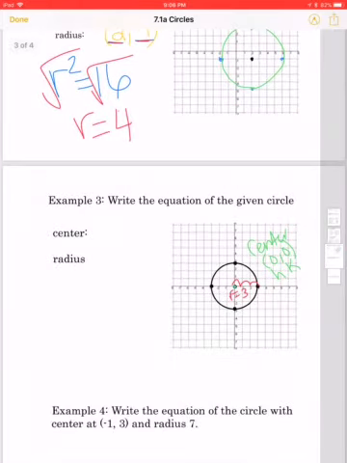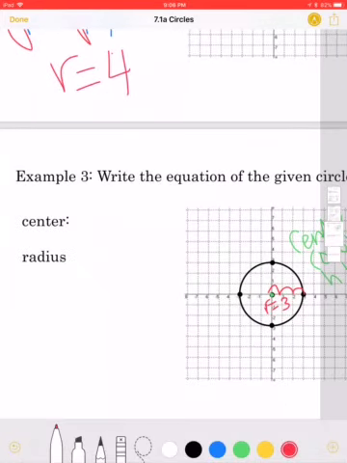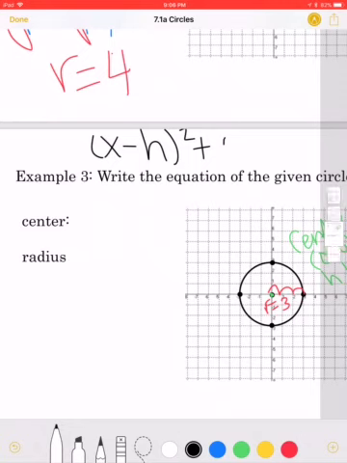So I use that to plug it into my general equation, which was x minus h squared plus y minus k squared equals r squared. Sorry, it's hard to write on here.